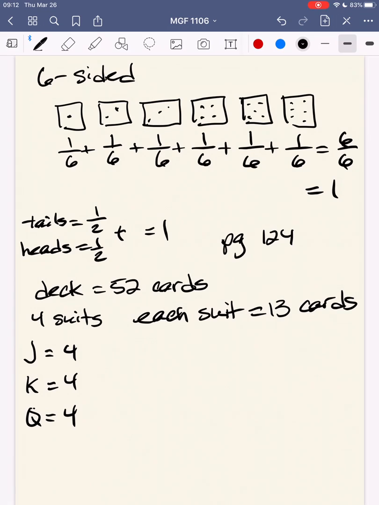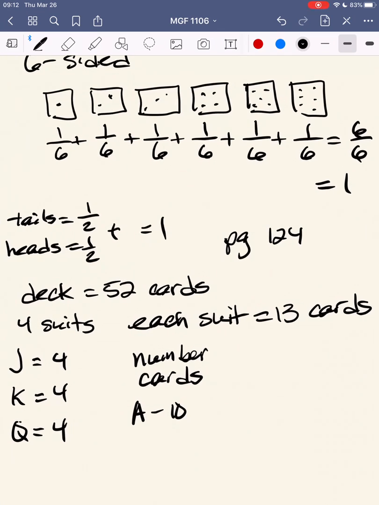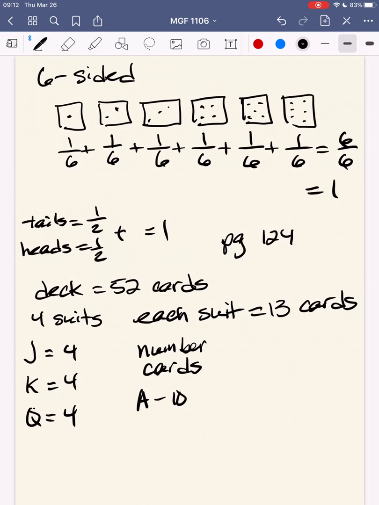Okay. My number cards are ace through 10. And there are 10 of each suit. So there's a total of 40 total number cards in a deck. Okay.